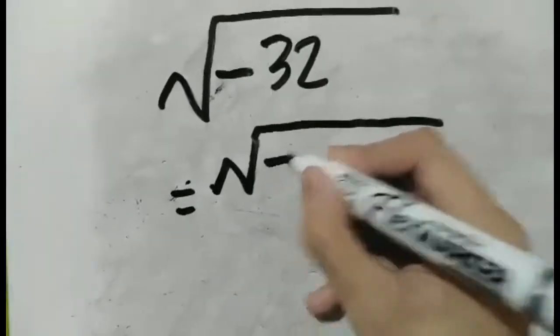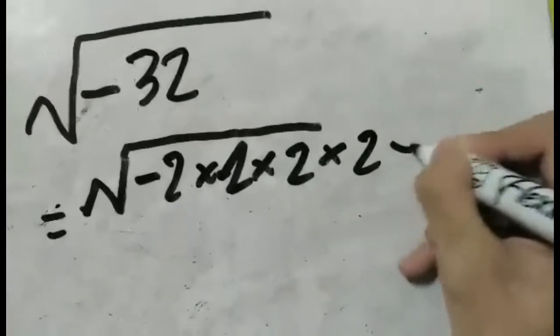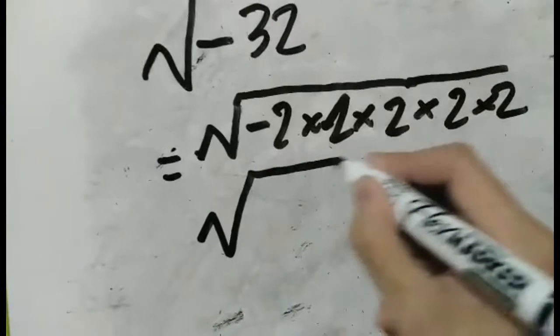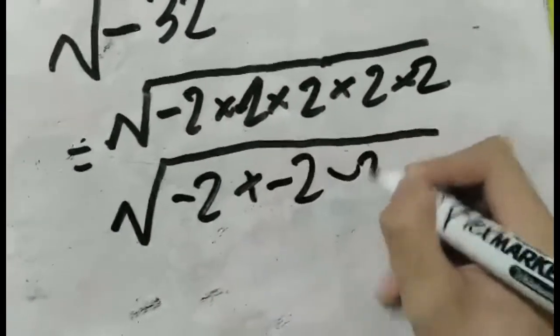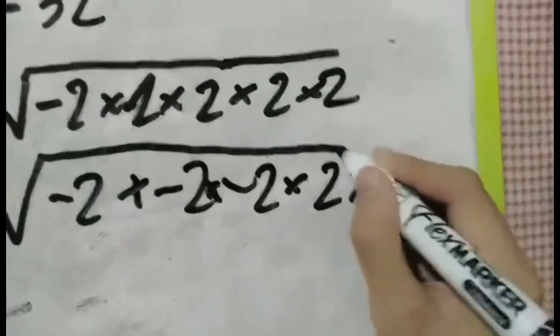It could be a negative 2 and just 4 positive 2's, or 3 negative 2's and then 2 positive 2's.